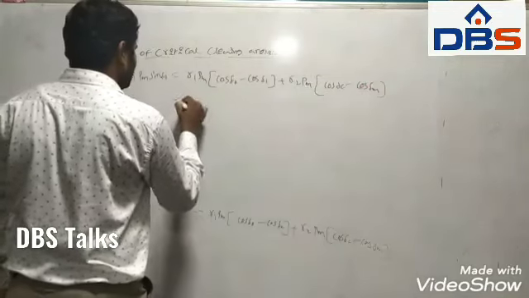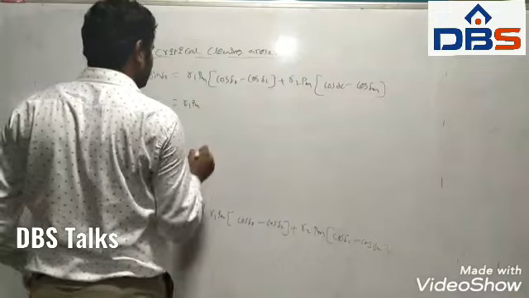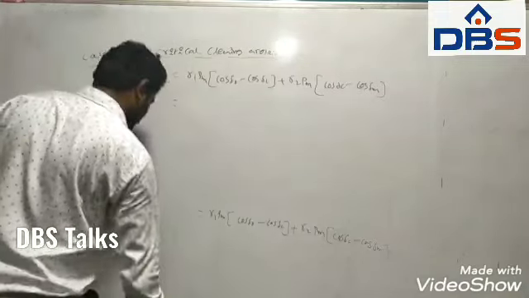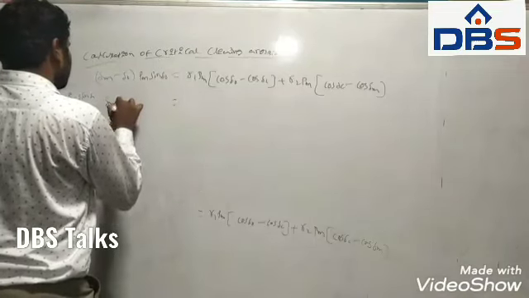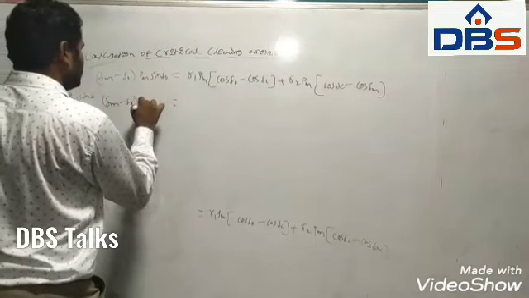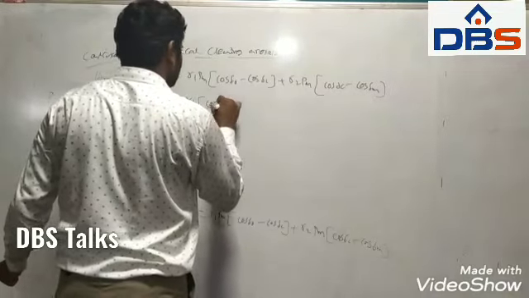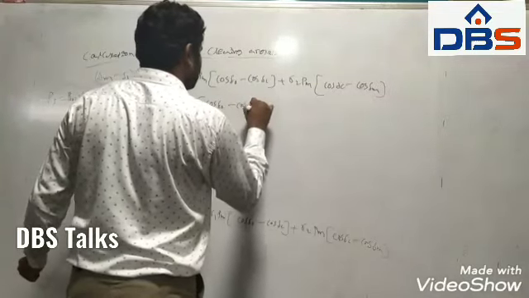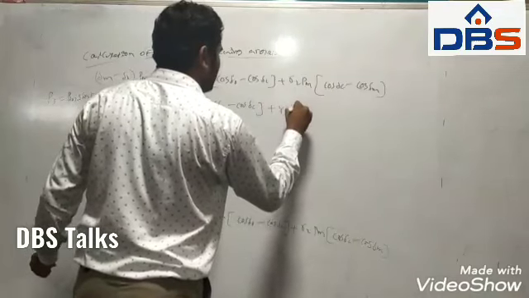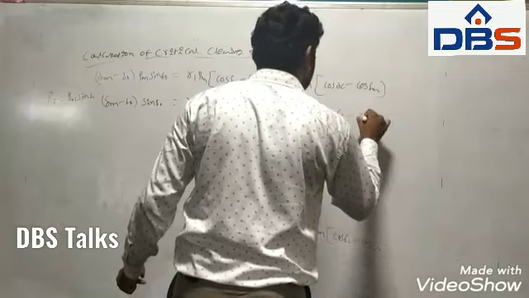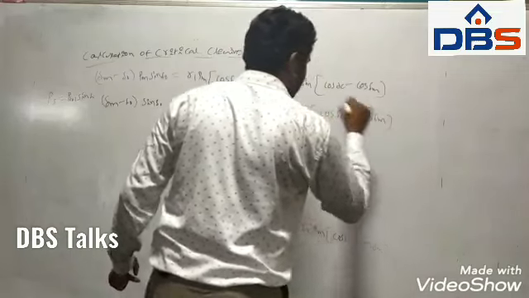So here I am writing (delta m minus delta naught) into sin delta naught, that is equal to r1 into cos delta naught minus cos delta c plus r2 Pm into cos delta c minus cos delta m.